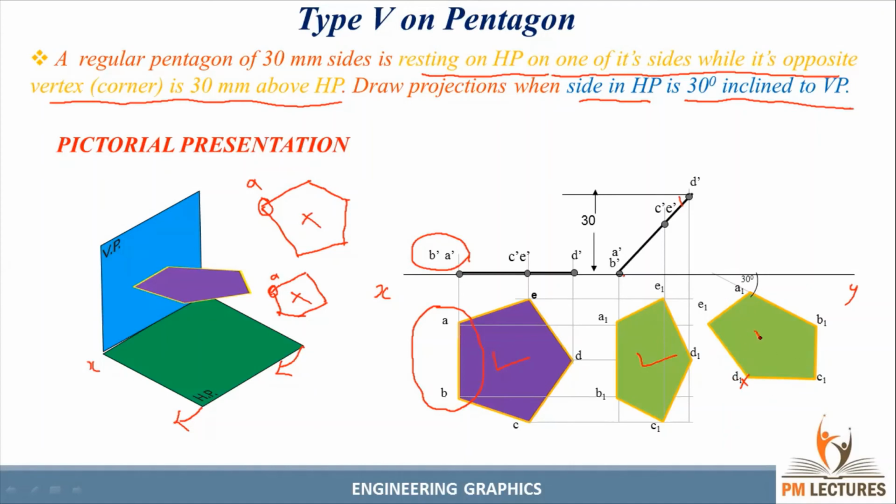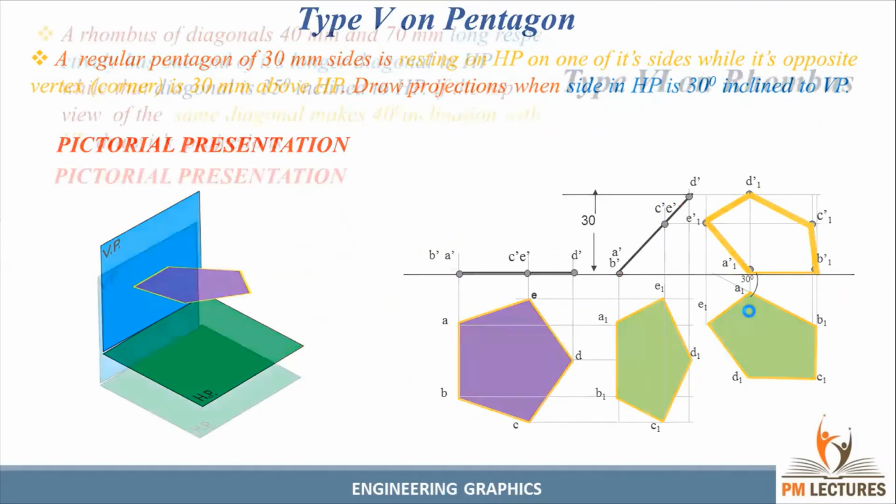Both have the same parameters. Then you can draw the projections from this side also. Then mark the points A dash, A1, and similarly the other points, and draw the diagram darkly. This is the final step.